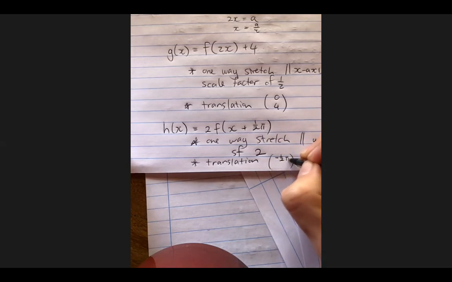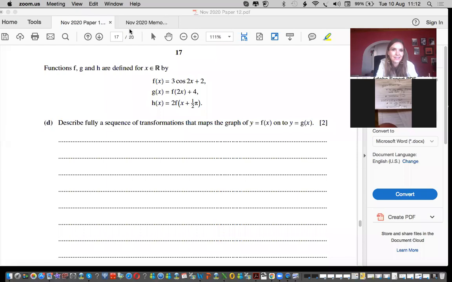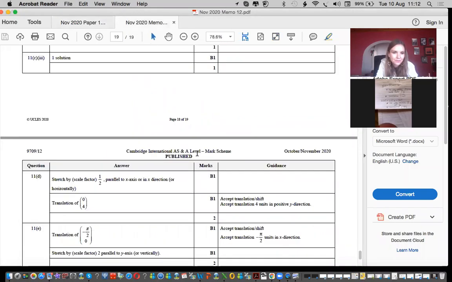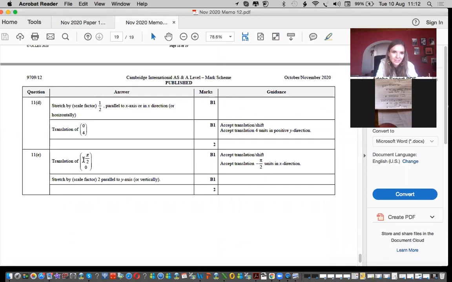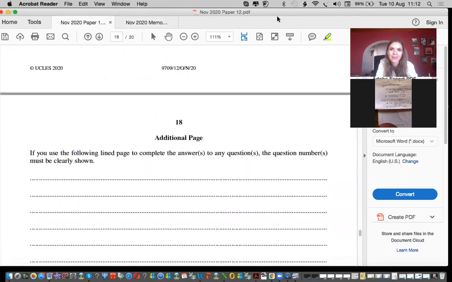So you'll have to say -1/2 pi, and no movement has happened for the y. So I think that vector works out nicely. Let me just make sure that I'm saying the right things here. Translation, check the negative, and then scale factor 2. And they said parallel to y-axis. And that is the paper.